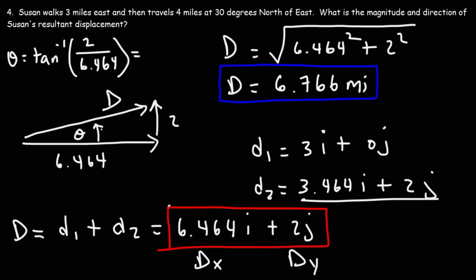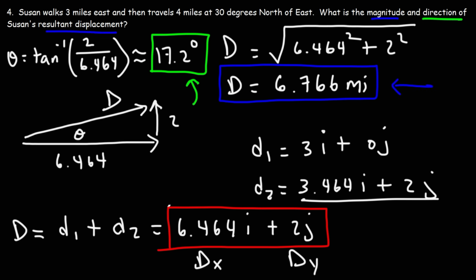And this is going to be north of east, whatever answer we get here. The angle is approximately 17.2 degrees. So that's it for this problem. The magnitude of the resultant displacement is 6.766 miles, and the direction is 17.2 degrees north of east, or counterclockwise from the positive x-axis.